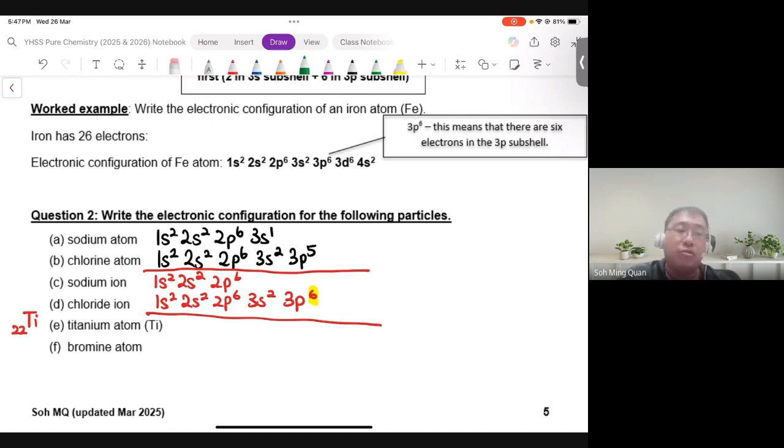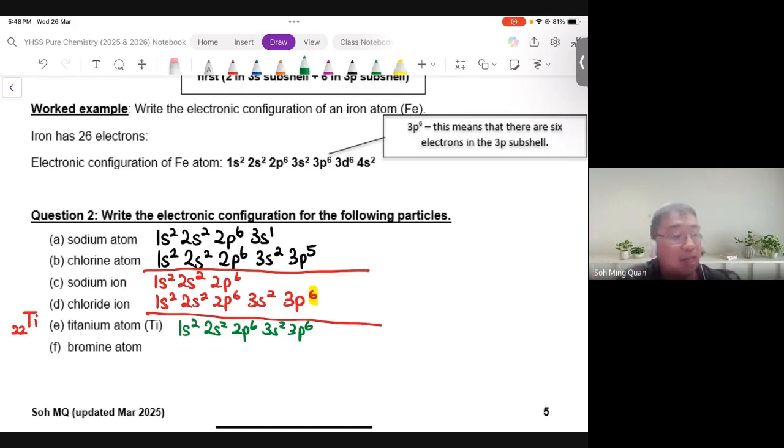So 22 electrons, how do you write it? 1s2, 2s2, 2p6, 3s2, 3p6. Up to this stage, very safe because I know that this is only 18 electrons. I got 22 electrons, so I got 4 more that I need to fill in. So how do you fill it in?